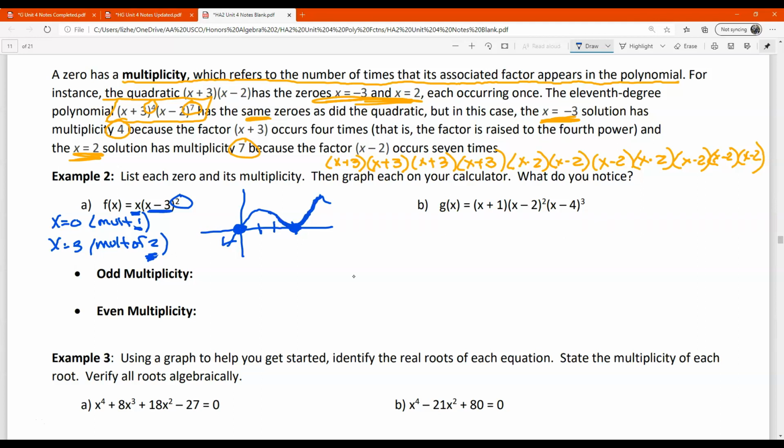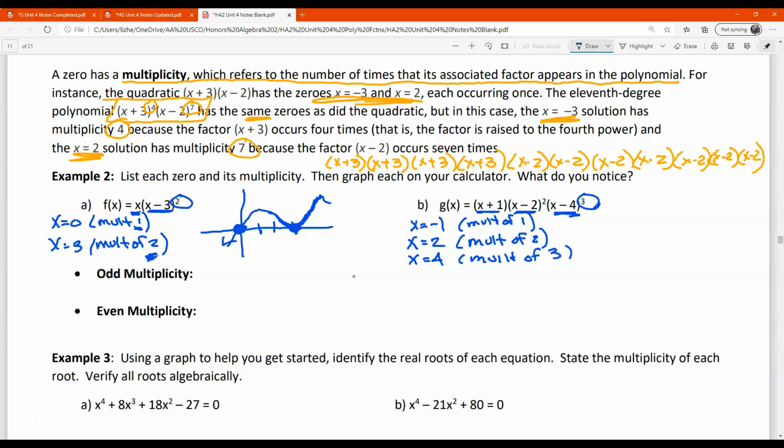Okay, let's do another one. My zeros are x equals -1, that's a multiplicity of 1. This one gives me x equals 2, that has a multiplicity of 2. This one is x equals 4, that gives me a multiplicity of 3 because of that exponent.